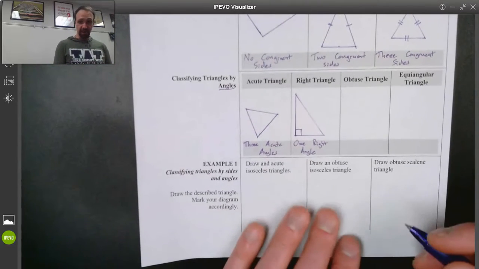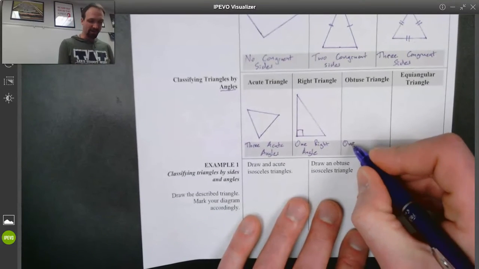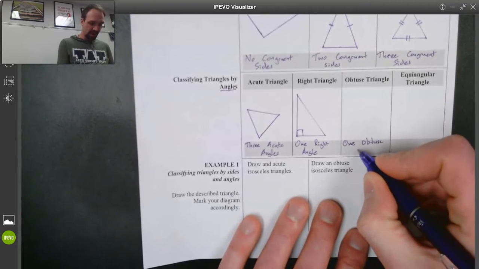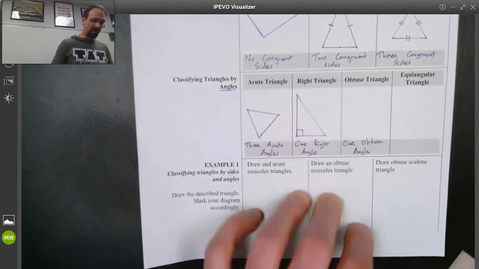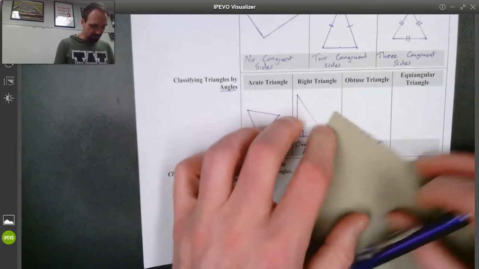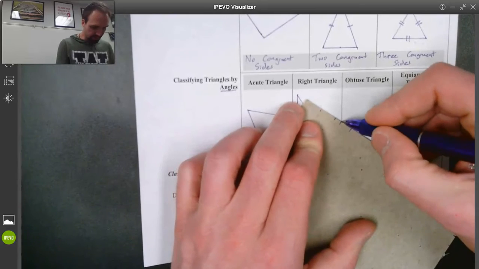An obtuse triangle has one obtuse angle. And an obtuse angle is an angle that is greater than 90 degrees. So to get an obtuse angle, I have to be a little creative here.